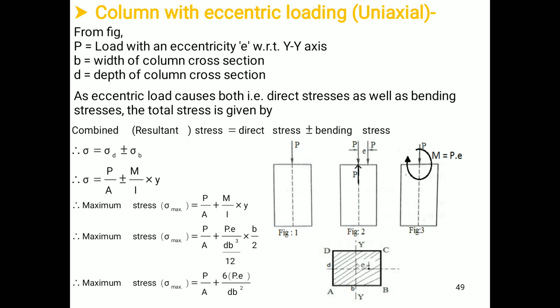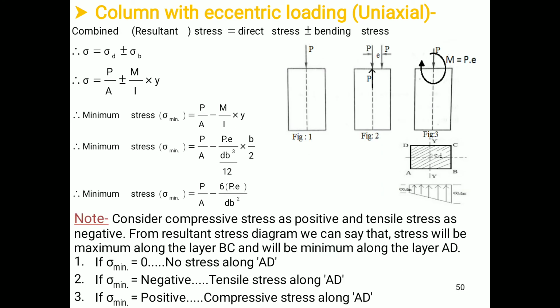After solving this equation, we have the final answer for the maximum stress: P by A plus 6Pe upon db square. This is the value of maximum stress.